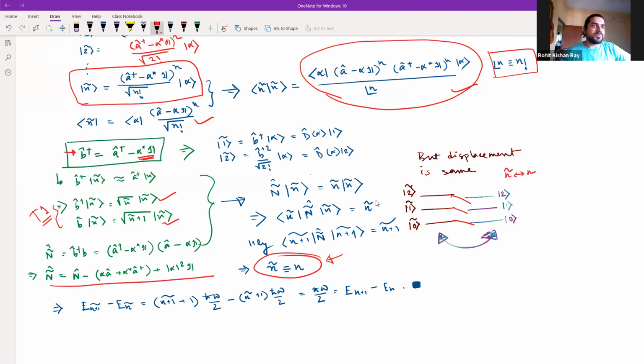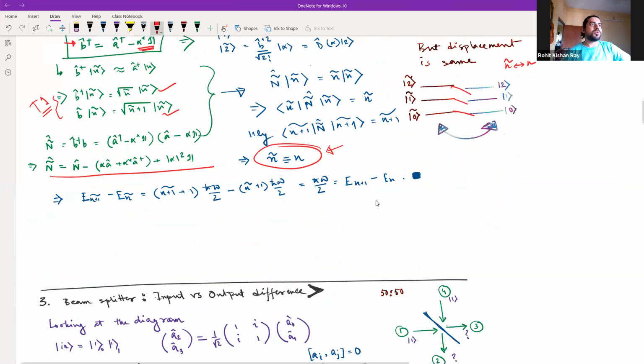That is like 99% of the job done. Now all we need is to find the difference in energy, so E of n plus 1 tilde minus E of n tilde. This is from the standard expression, and you get an energy value, which is basically the gap.